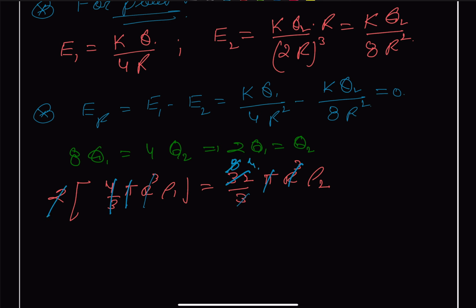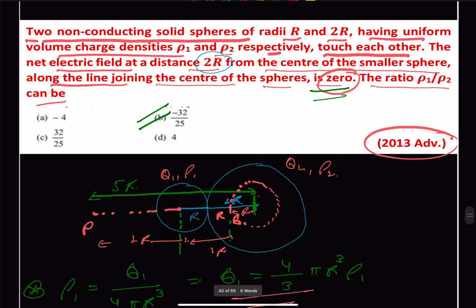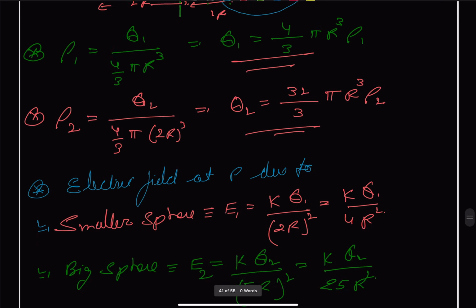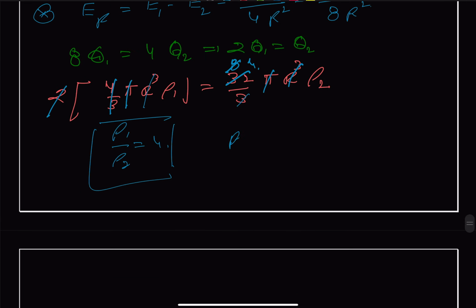So therefore we can say that our ratio rho 1 upon rho 2 is equal to 4. So option number D is correct. Option D is correct. Next question.